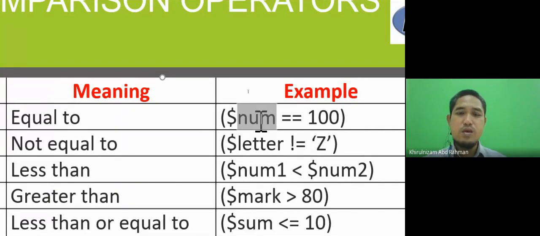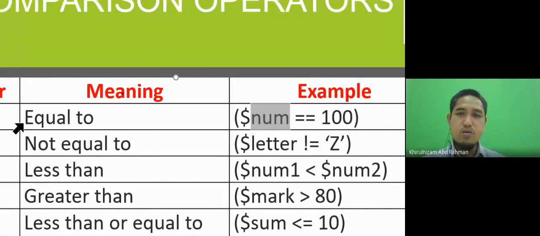Yeah, that's obvious. 10 is smaller than 100. So if the variable num is 10, and you compare 10 with 100, obviously it's not equal, it's not the same. So this expression will result in false.